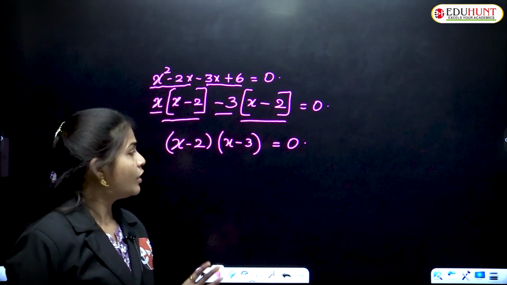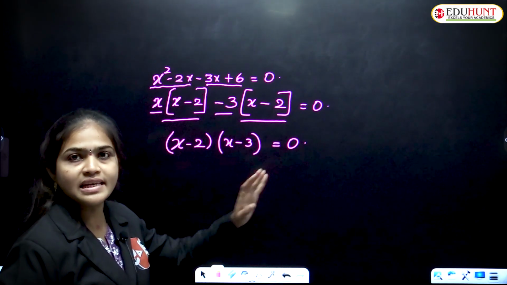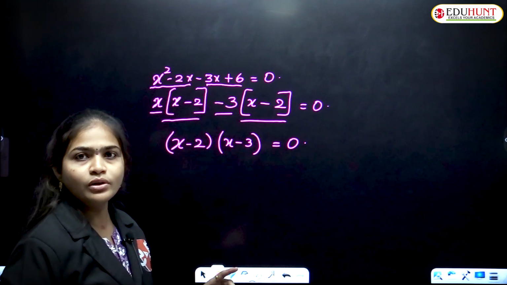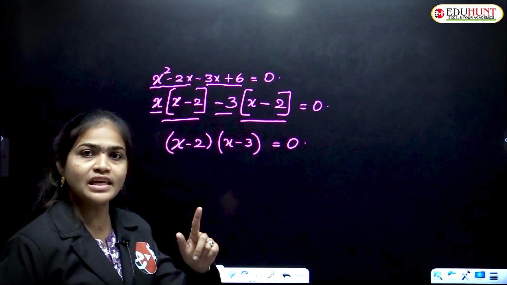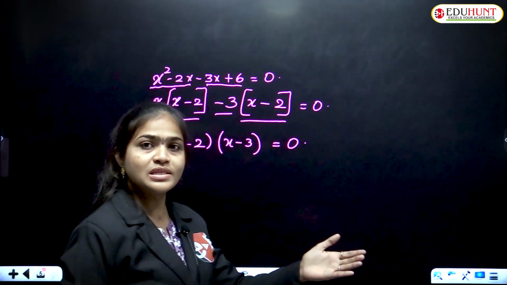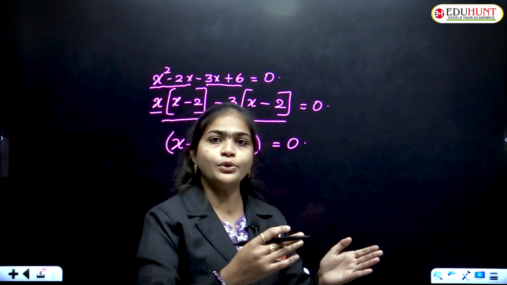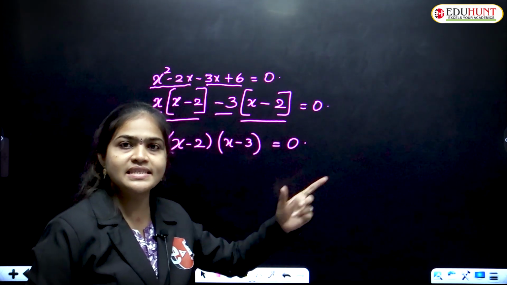When will it be possible? When can we say that the product of two values is equal to 0? Yes, we know that 0 into 0 is equal to 0, 1 into 0 is equal to 0, 0 into 1 is equal to 0, 0 into 1000 is equal to 0. So 0 into any value is equal to 0. Now tell me which value is 0.